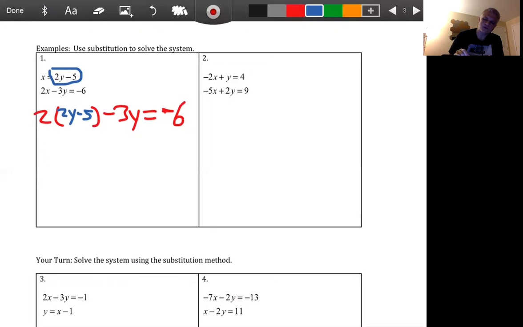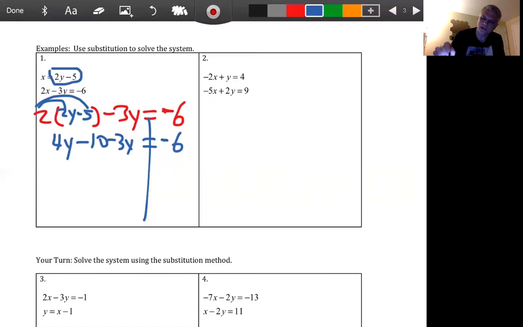All right, so on the left side, there's definitely some stuff I can do to simplify, so I don't have to cancel anything yet. Let's distribute 2 times 2y, 2 times minus 5. Okay, on the left, there's still some stuff we can do to simplify. We have 2 like terms, 4y and minus 3y.